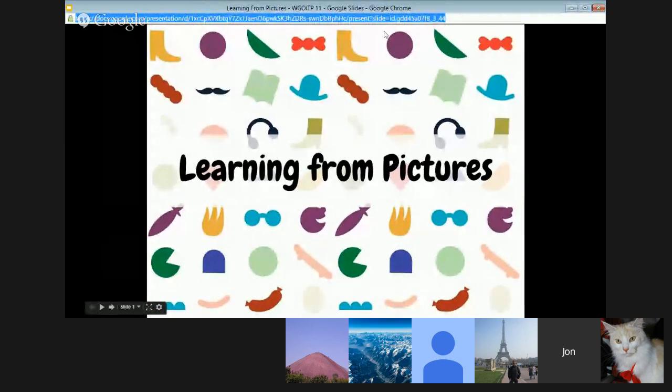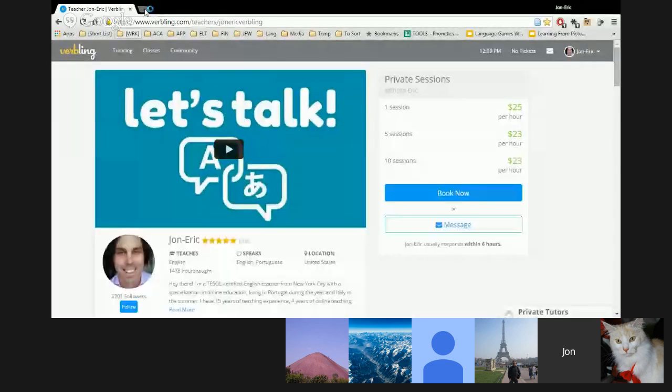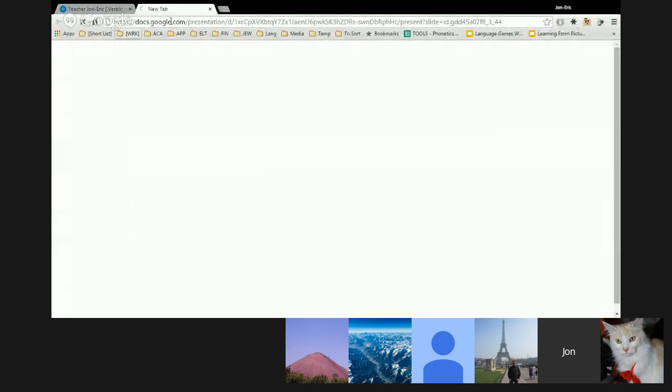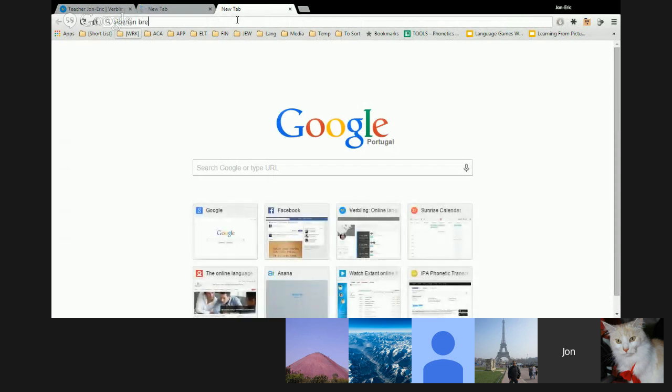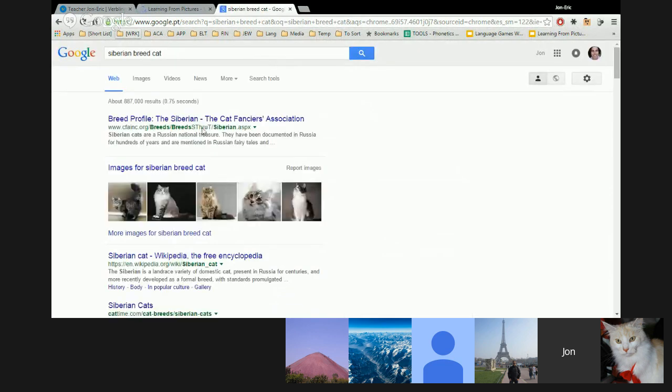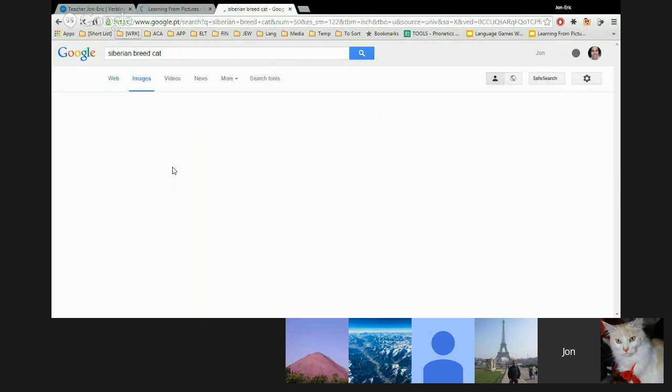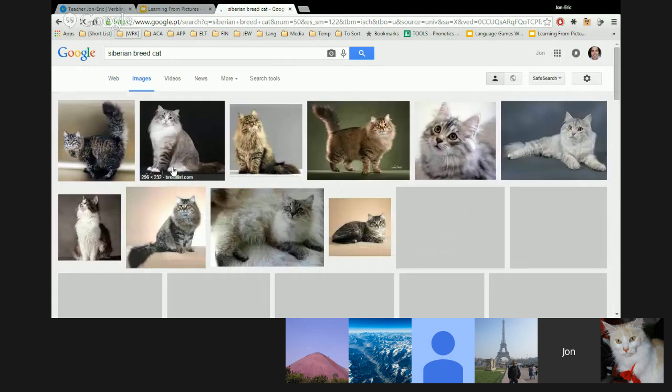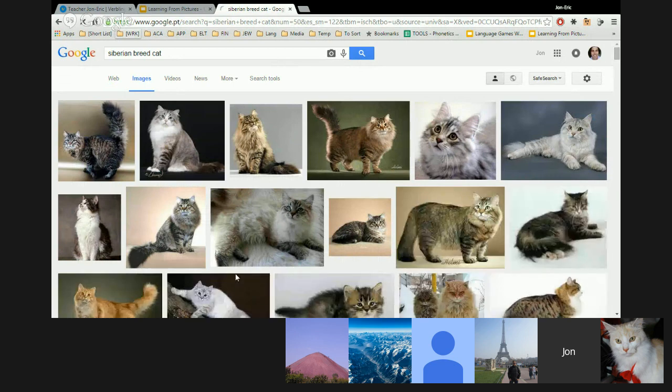Hold on a second. Maybe you're showing me something new. Let me just see if I can find a picture of a Siberian cat. Another way to say type is breed. Okay. Is this it? Yeah, this is it. Oh, look at that! What a fluffy cat!